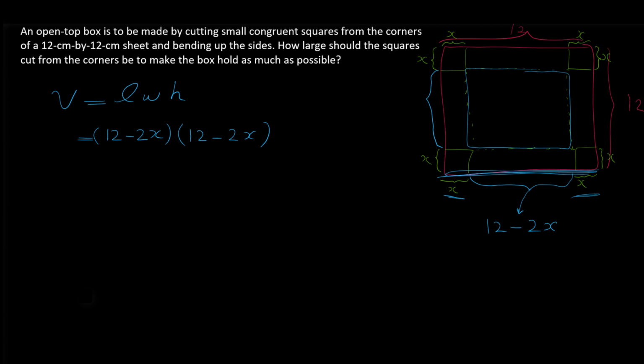And the height of the box would be x. When we fold these parts, this part will be the height of the box, and the height would be x. So we want to maximize this function, 12 minus 2x times 12 minus 2x times x.